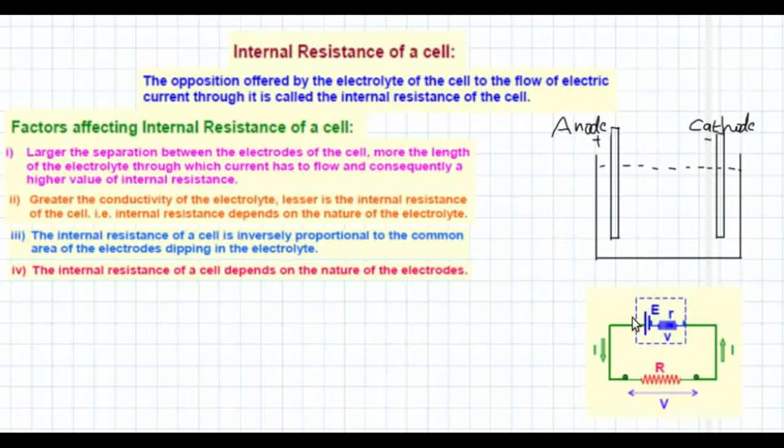So there will be a potential difference between the two electrodes of the cell, and there will be some drop across this internal resistance, which is small v.